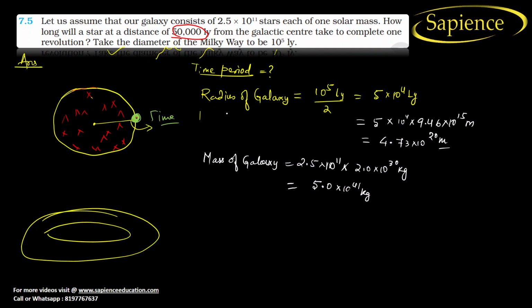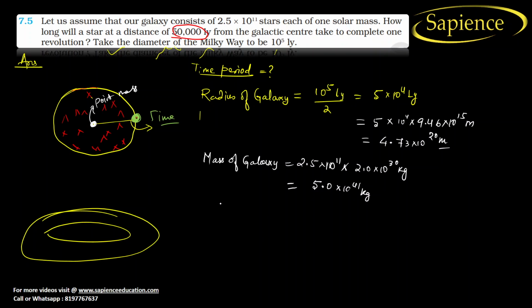Now as a whole, can we think that the whole mass appears at the center? So the center can be considered as a point mass, and the star is moving in a circular path.